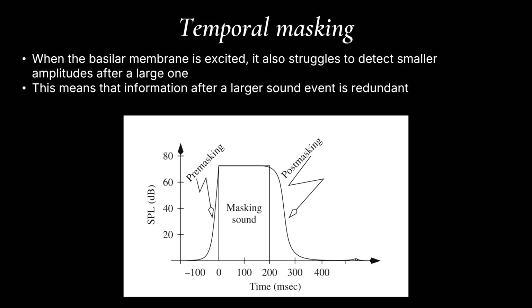Now, what's really interesting about this, and again, understanding in this world is not perfect because it becomes very black box and brain driven, is that you also get an element of pre-masking. Sound will enter your ear and it will wobble your basilar membrane and it will start to get those excited. But then if a louder sound comes along, your brain just goes, oh, never mind about that little bit that happened before.